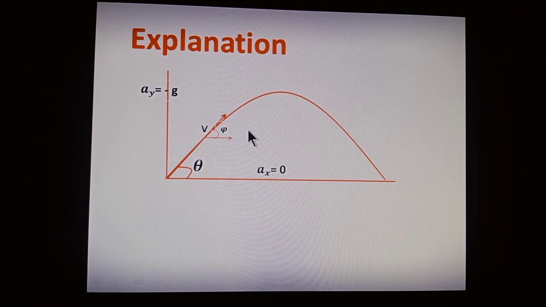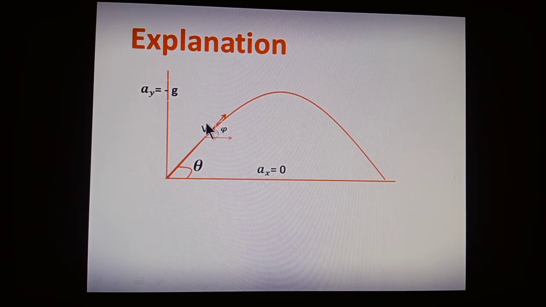After some time of its firing, what will be the value of its velocity? Let v is the velocity of the projectile during its flight at any time. Since it is changing its direction at every point, let phi is the angle that this velocity is making with horizontal at that time.